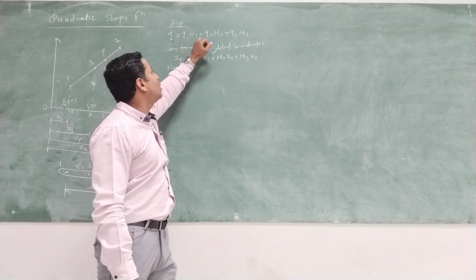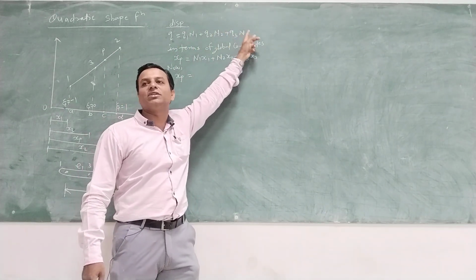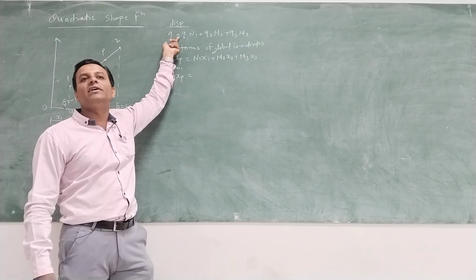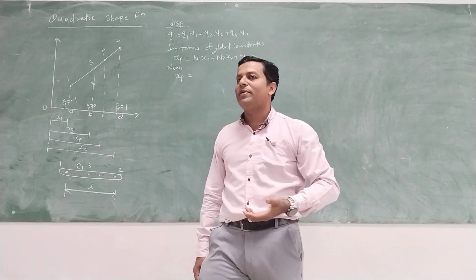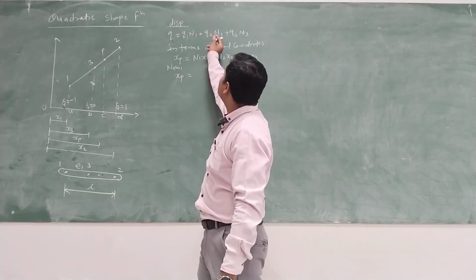So if I know q1, q2, q3, then I just require the shape functions so that I can determine the displacement of the intermediate point. आपण आधी बघितलं हे सगळं, बरोबर आहे, how to determine the displacement of an intermediate point by using the shape function. So here I will require the shape functions.